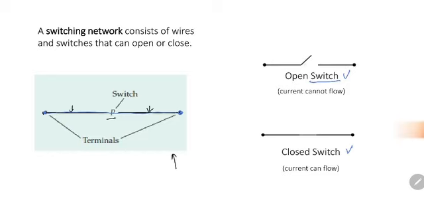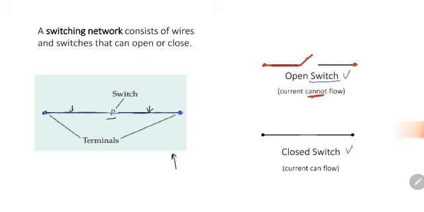For example, here your switch is raised, right? So in this case your switch is open, or your circuit is open, because your current coming from this terminal will not be able to flow and get to the next one, because your switch is open. So current cannot flow from one terminal to another.